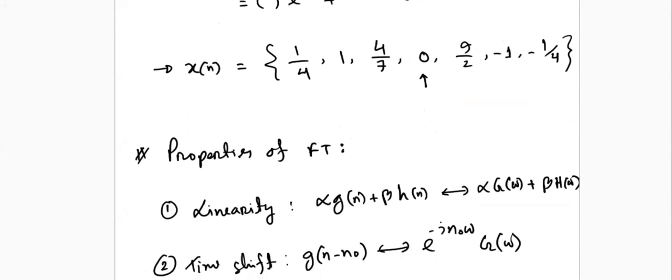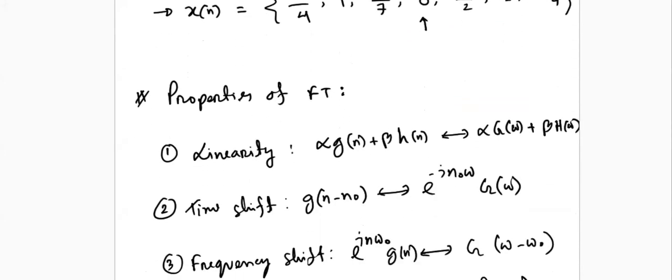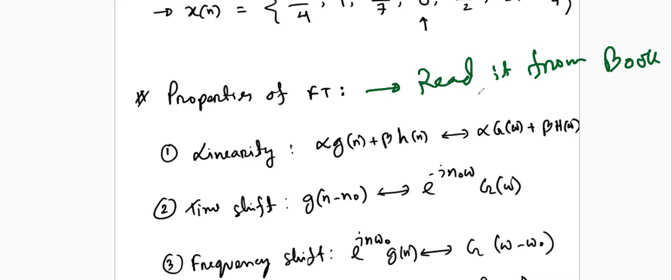For the properties of the Fourier transform, I would like to request you to jump to the book and read it from the book. We are following the book from Proakis.